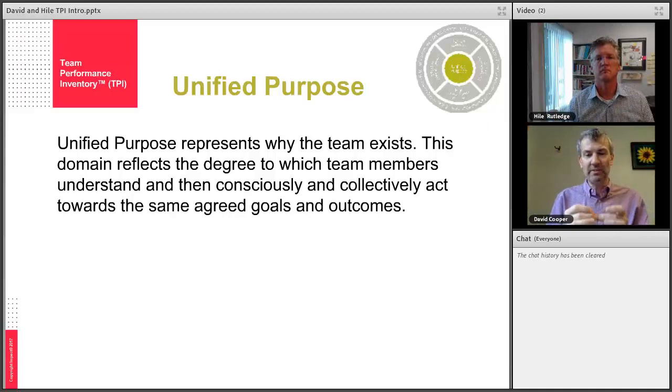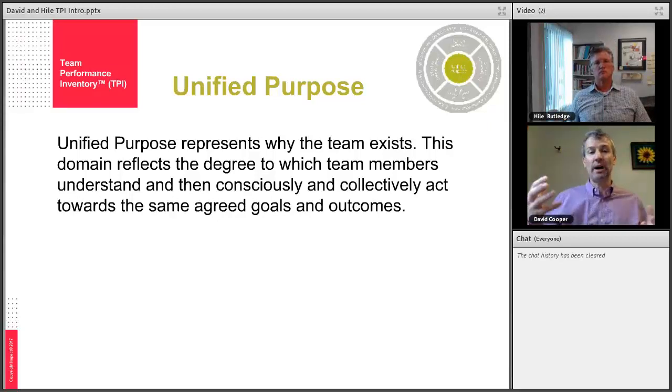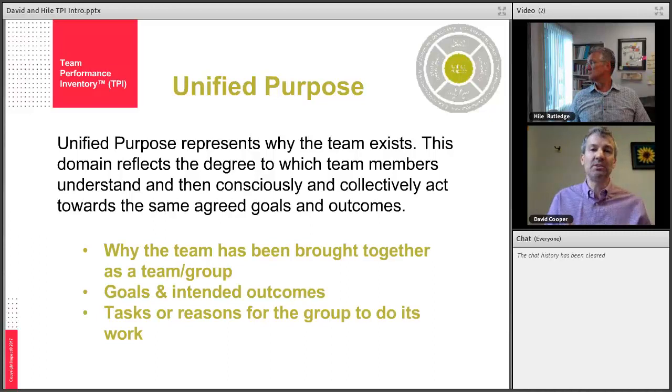A very specific intact project team within an organization is going to have a different unified purpose than the broader team it serves and is a part of, and the organization will have. So it absolutely has to do with a real understanding of why we exist, what we're meant to do, an understanding of our performance metrics, why we've been brought together, what our goals and intended outcomes are as a team, as a group, and what the tasks and reasons are for the way in which or why we're doing work together.